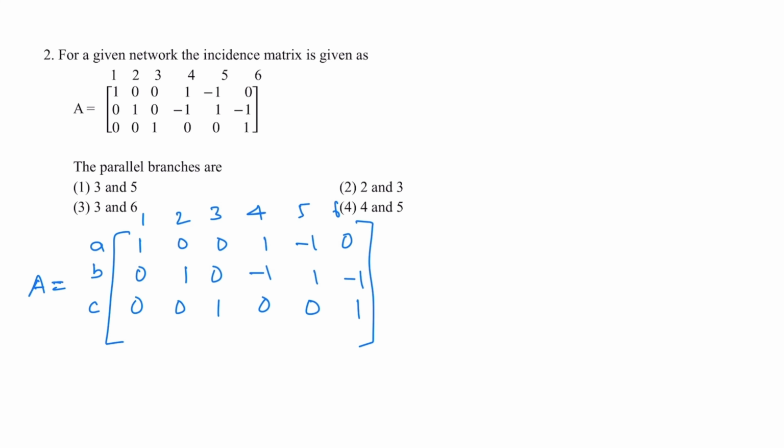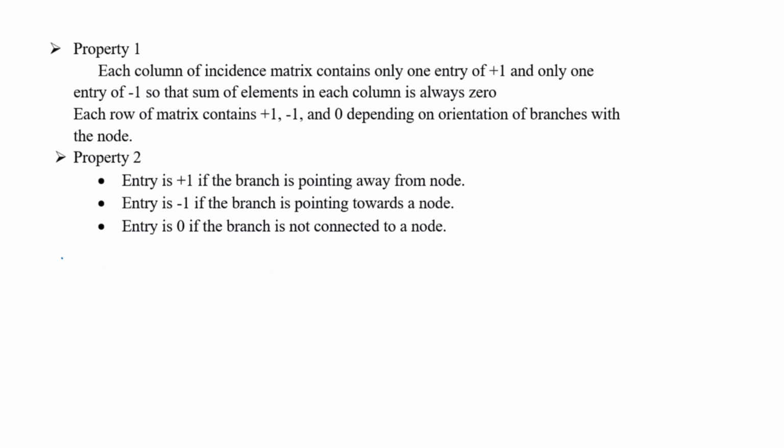We know that the property of incident matrix is each column of an incidence matrix contains only one entry of plus 1 and only one entry of minus 1, so the sum of elements in each column is always 0, and each row contains plus 1, minus 1 and 0 depending on the orientation of branches with the node.